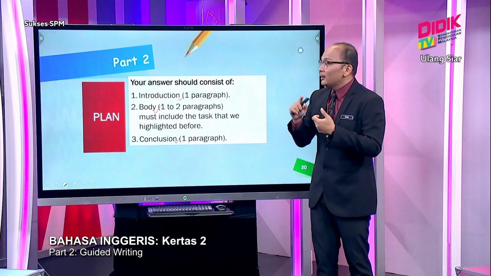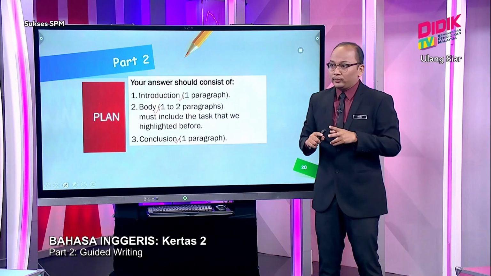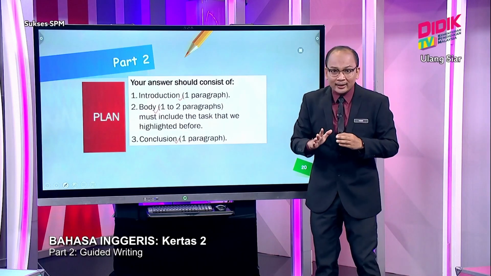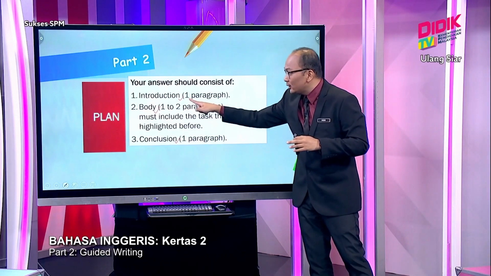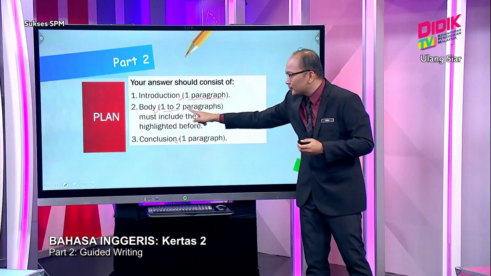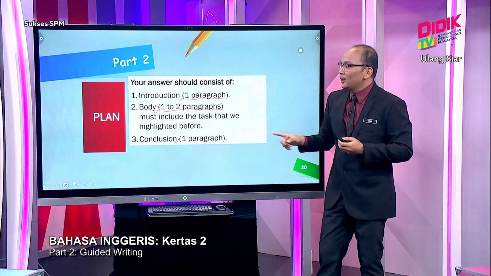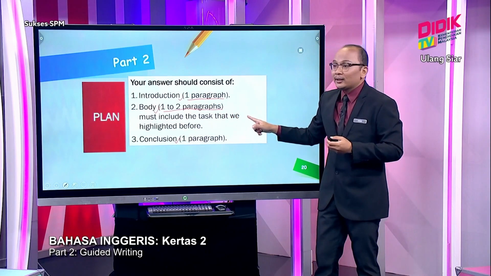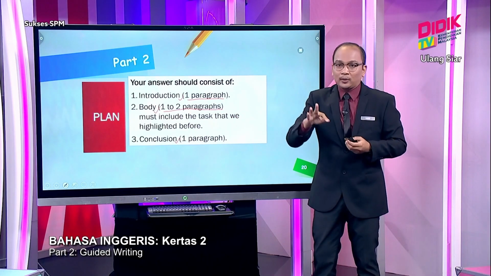I'm only here to suggest that you write around just 1 paragraph of introduction, but it should be there, just to let people know what you are writing. And also the body, how many? 1 to 2 paragraphs only. It must include the task that we highlighted before, the 3 prompts.